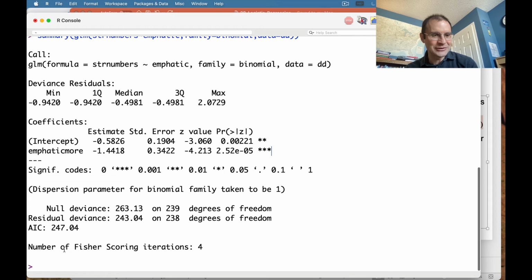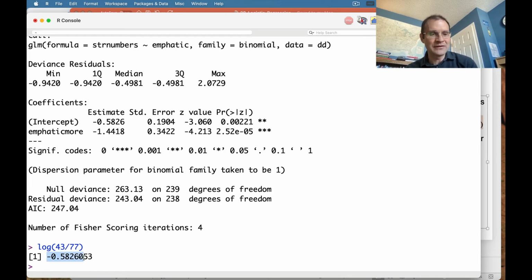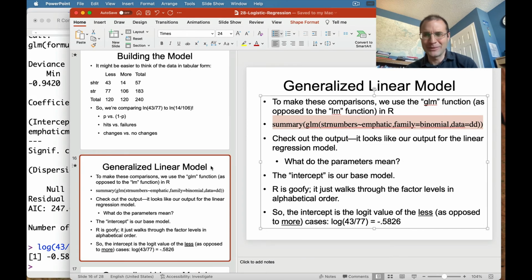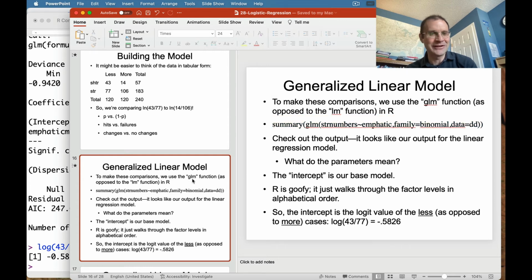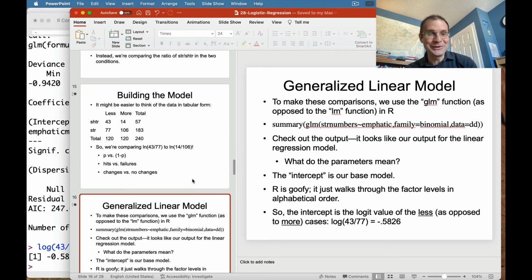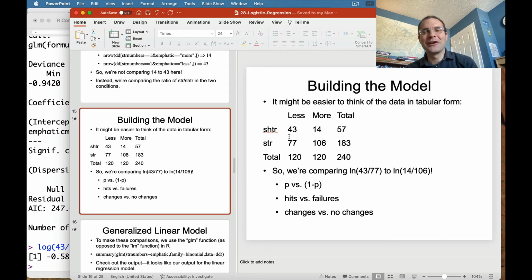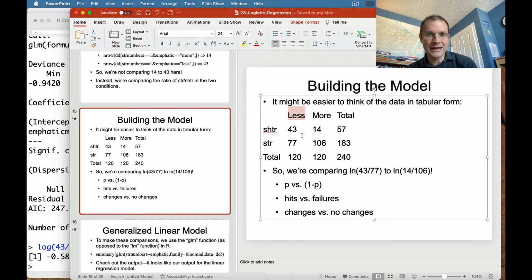Just to make that super clear, I'll type that in here. The log of 43 over 77 is this number right here. That's our intercept estimate. It's not hard to calculate that. It was much more complicated when we weren't calculating those best fit lines. Remember those? Hope you do. But where those numbers come from is just this to that, right? So we're only looking at the less part of the table for now. It's just this ratio.